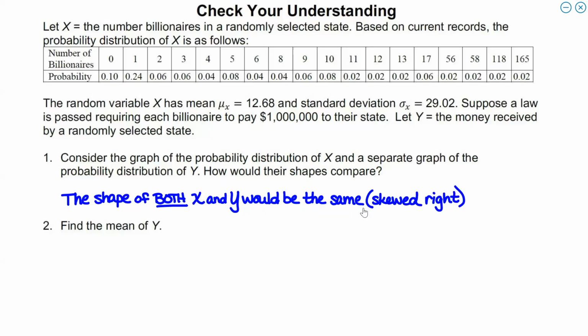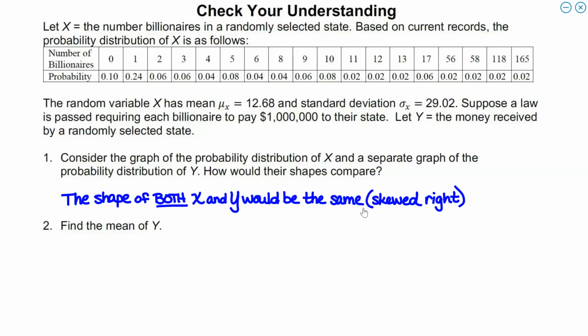Is this a situation where I'm adding or multiplying? Multiplying. If you have no billionaires in the state, you're not going to get $1 million. If you have 1 billionaire in the state, you're going to get $1 million. If you have 2 billionaires, you would get 2 million. So this is a situation where we would be multiplying.